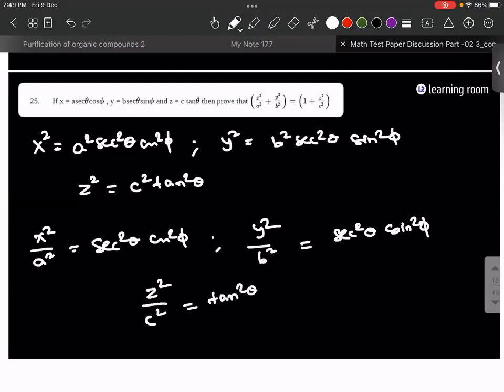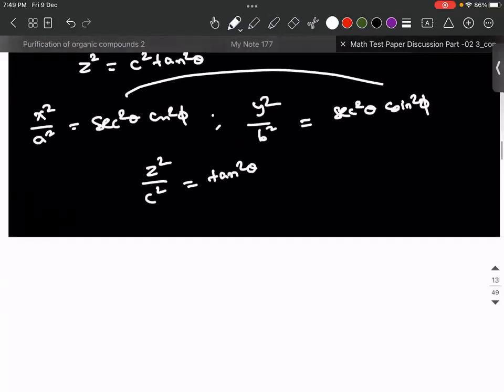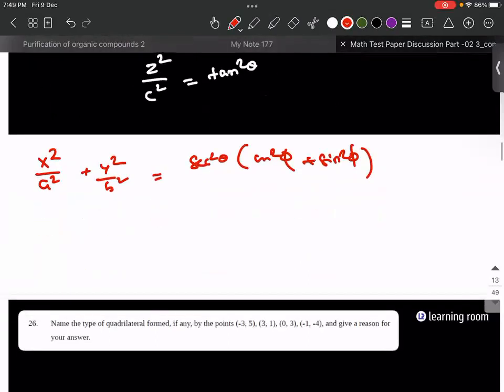z square by c square is equal to tan square theta. First of all, when you add these two, what will you get? x square by a square plus y square by b square is equal to secant square theta into cos square phi plus sin square phi. So secant square theta is what you're going to get. Similarly, z square by c square is tan square theta.